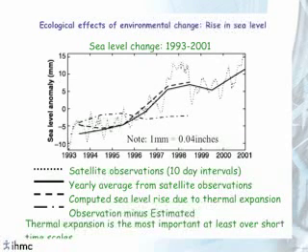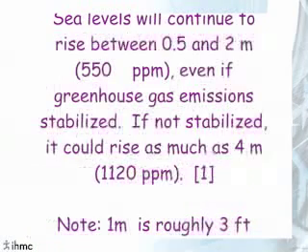We expect that sea levels will continue to rise by 0.5 to 2 meters. And this 550 is the concentration of carbon dioxide. So this would be towards the end of this century. So you can expect maybe 6 feet at the worst, and here about 1.5 feet.